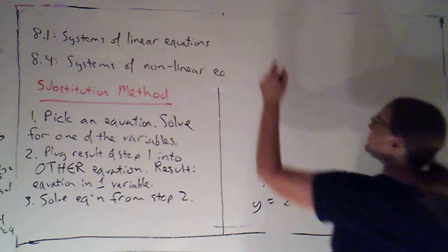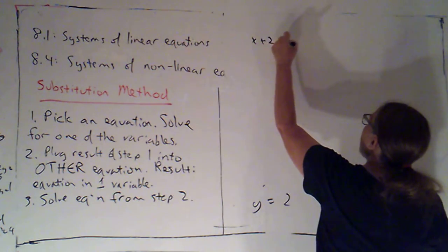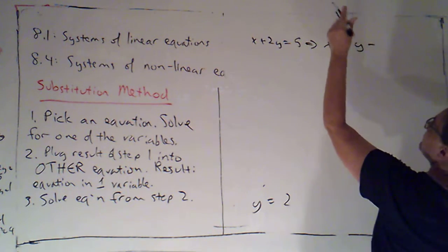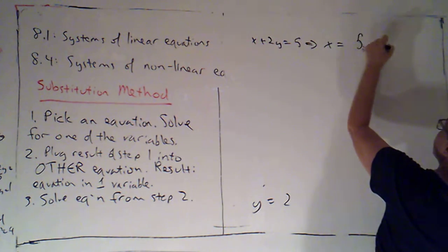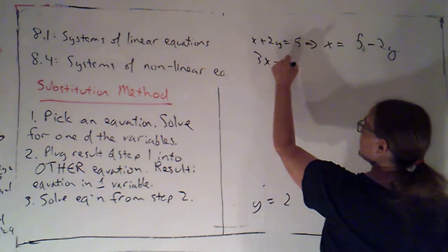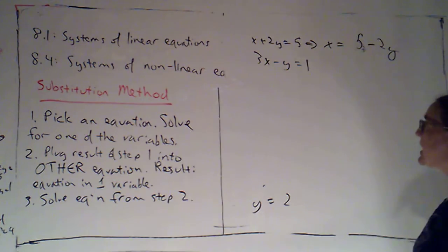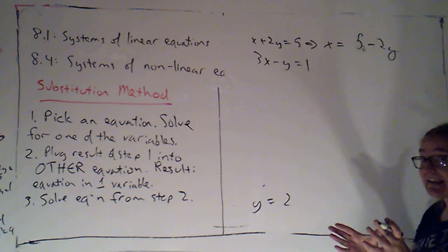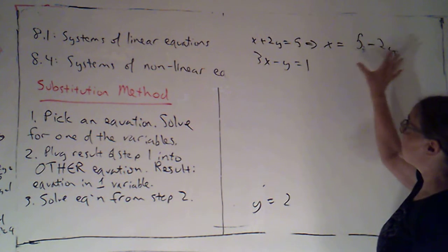I'm just going to remind you, our original system was x plus 2y equals 5, and we had said that meant that x was 5 minus 2y. And then our second equation was 3x minus y equals 1. Now, I can plug in 2 to any of these equations.